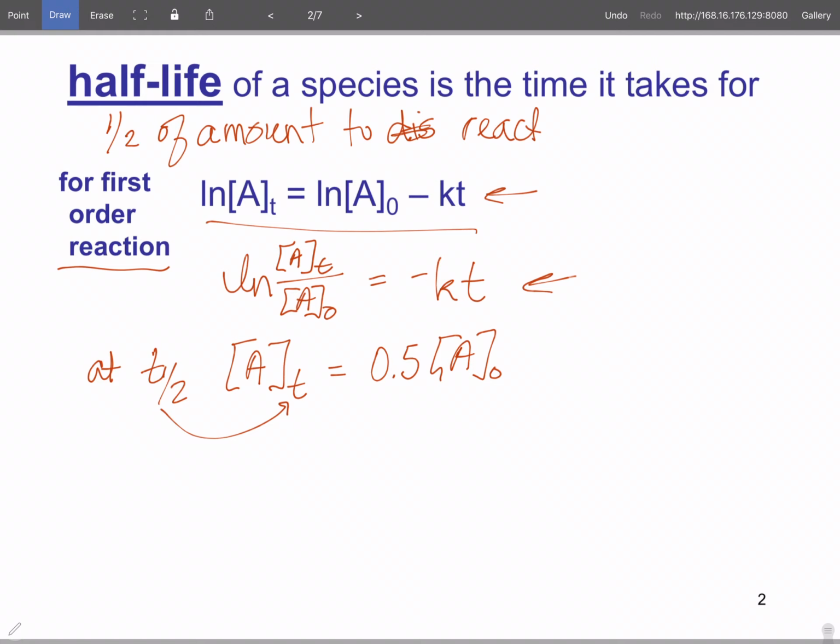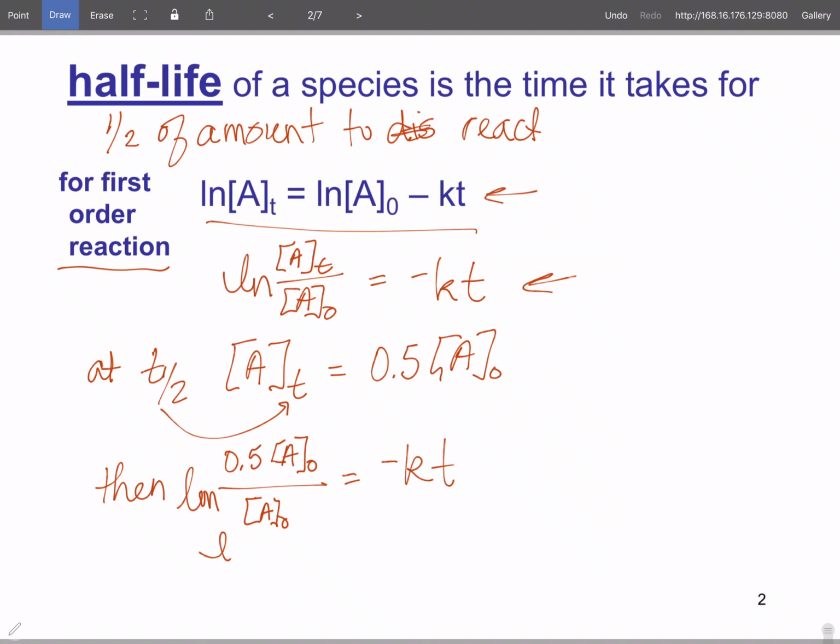So if we plug that in, we get the natural log of 0.5 A sub 0 over A sub 0 is equal to minus kt.